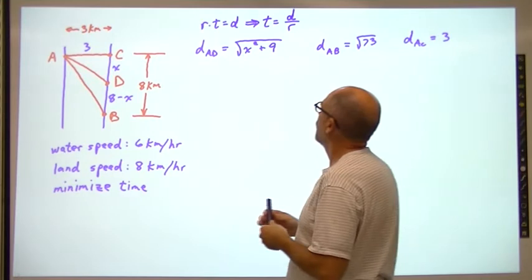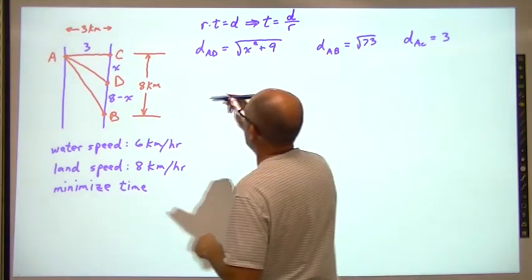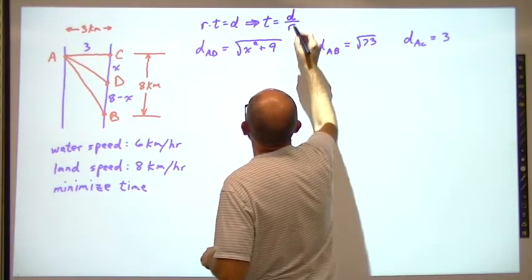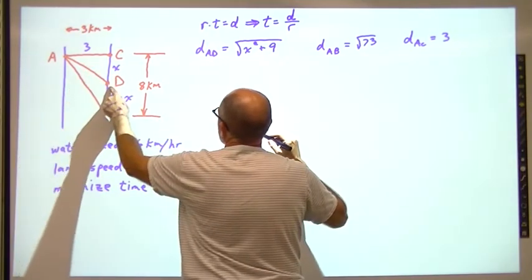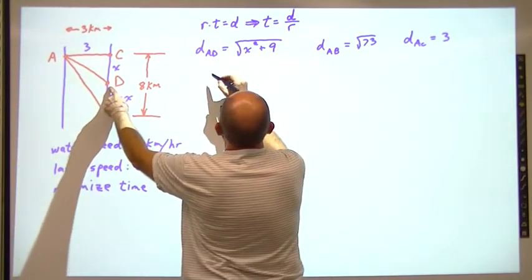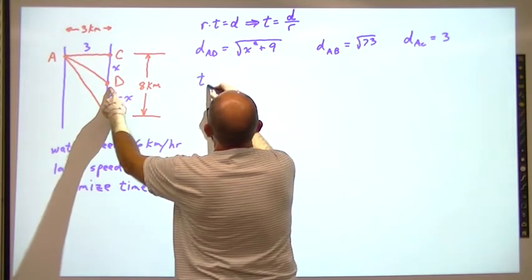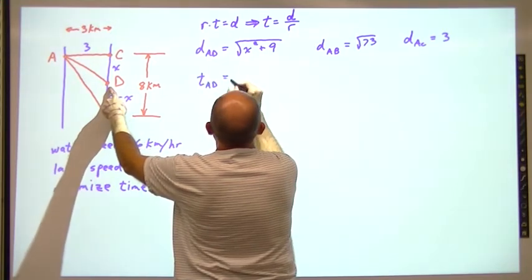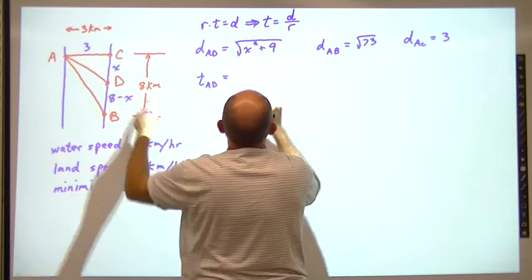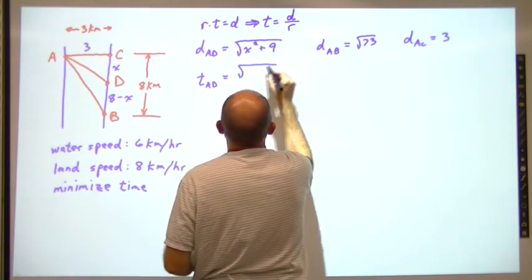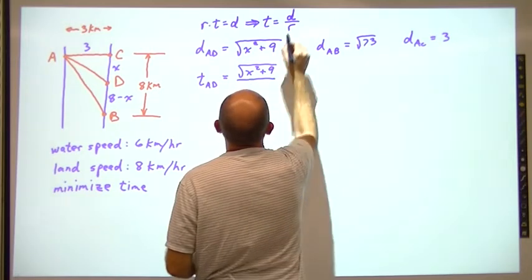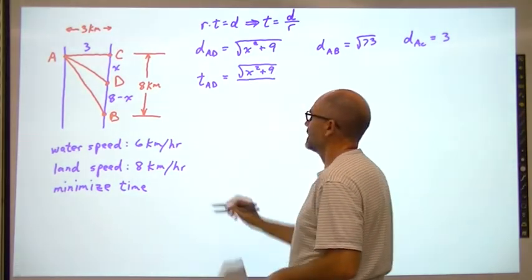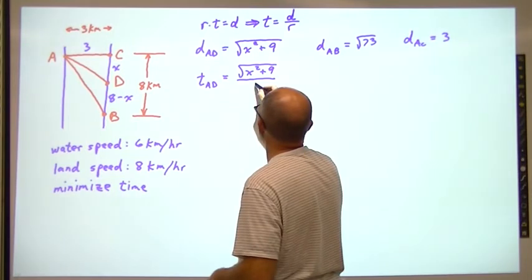So the time is going to be distance divided by rate. We're going to go from A to D on water. So the time from A to D is going to equal the distance from A to D, which is square root of x squared plus 9, divided by the rate from A to D, which is 6 kilometers per hour.